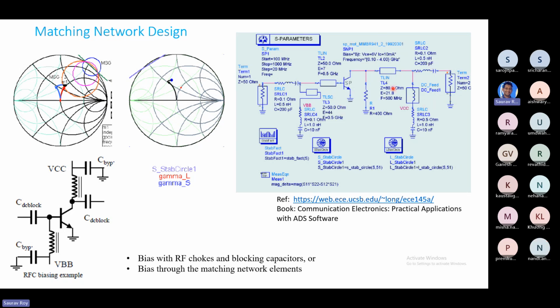So here you see in the load side and source side, we are doing two ways. Okay. So first thing is this whole thing is a matching network. This one here and this one. Okay. I will show you in ADS also. So before that, I will explain one thing.